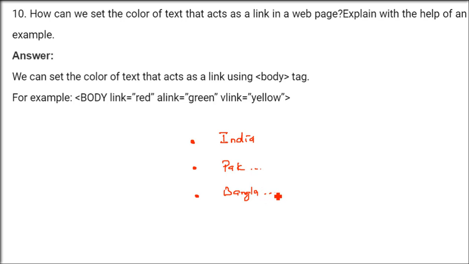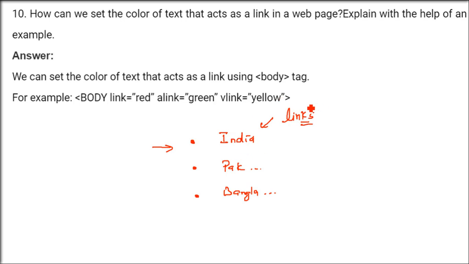Now the user comes, and when he comes, he sees all these links. You haven't clicked and you haven't hovered the mouse over any of this content. So what will happen? By default, what color will be seen? These are all links, these are all hyperlinks.